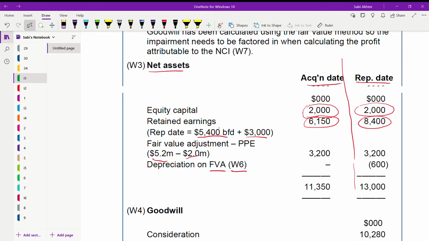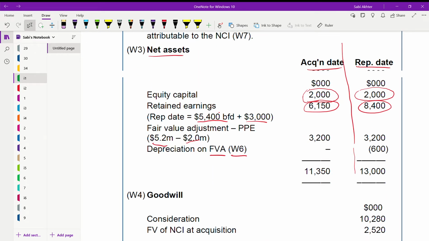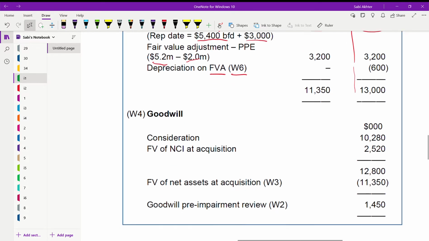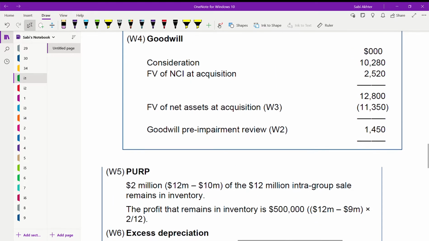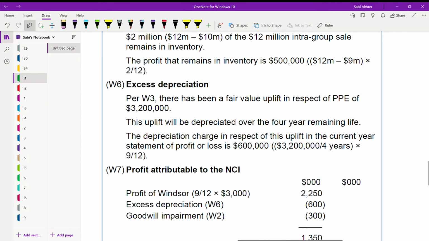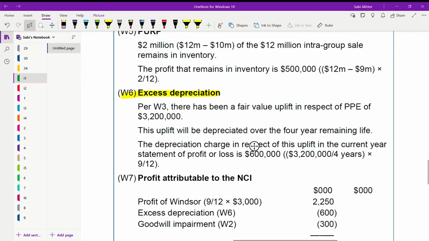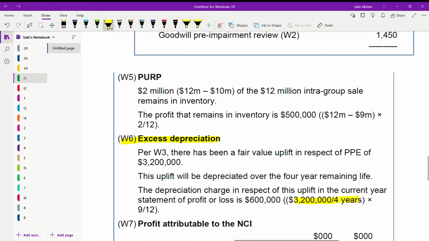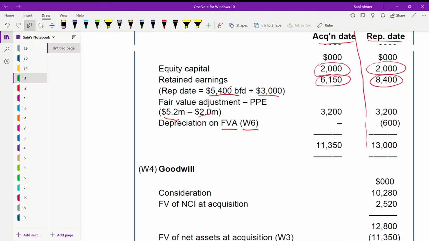And depreciation, working 6. So let us now go to working 6 for depreciation. Okay, excess depreciation, you need to write like this. We just have to divide it by 4 years. That's 3.2 million only. That excess you have to take, not 5.2, not 2 million. This excess you have to take over 4 years, so divide by 4 for depreciation.